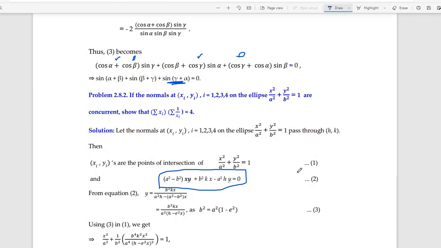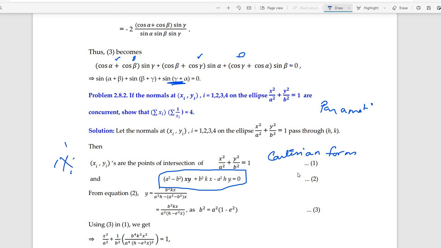In this case, even though normals have come, we make use of the Cartesian form of the equation of normal. So far we have been using the parametric form. Now we are going to use the Cartesian form in this particular case, and that has to be remembered.